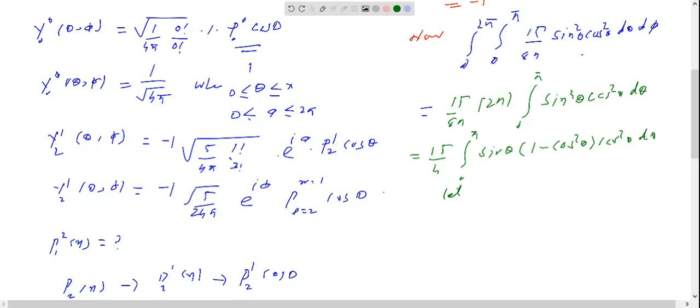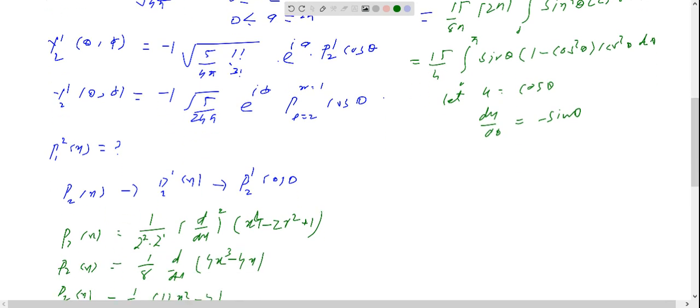So let u be equal to cos theta, then du by d theta equal to minus sine theta, and this becomes 15 out of 4, with limits from 1 to minus 1, of (1 minus u square) into minus du.